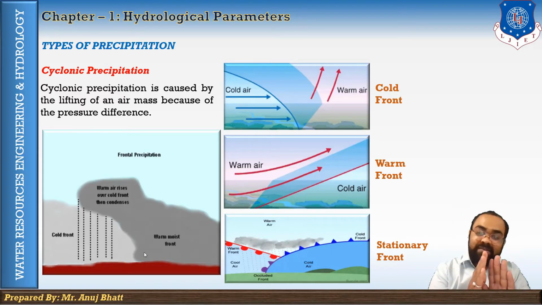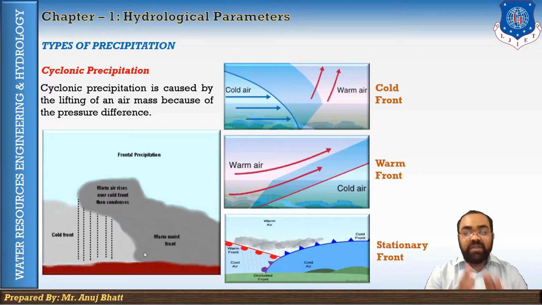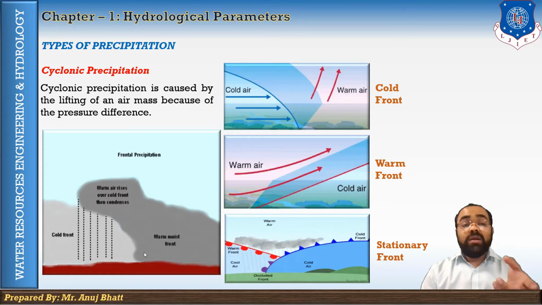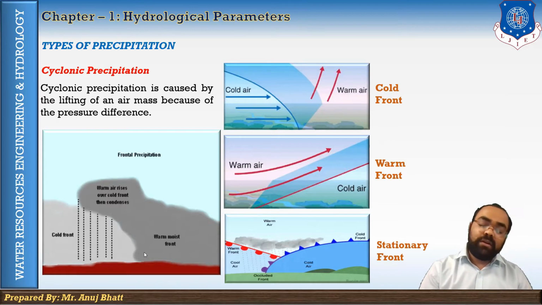Due to the lightness of the warm air mass, there is a passive ascent of warm air over the cold air, owing to the active undercutting. When this lifted warm air cools down at a higher altitude, precipitation occurs. Okay, so this is how cyclonic precipitation occurs in two forms, frontal and non-frontal.